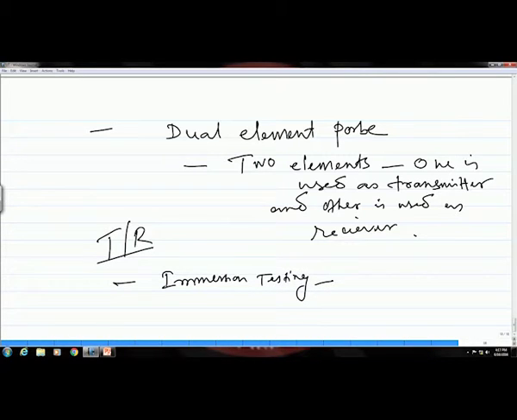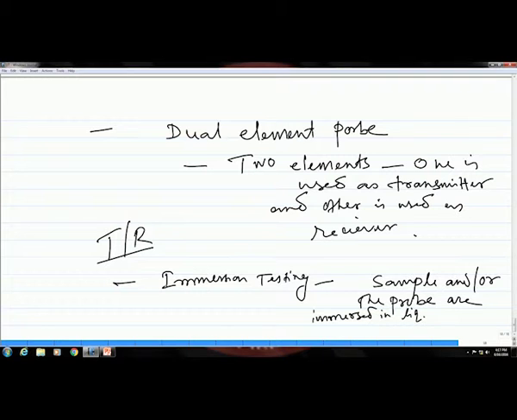Okay. So, in this case the sample or the probe is immersed in a liquid like water, and it is well known that the velocity of sound in water is much lower compared to that in metals. Okay.